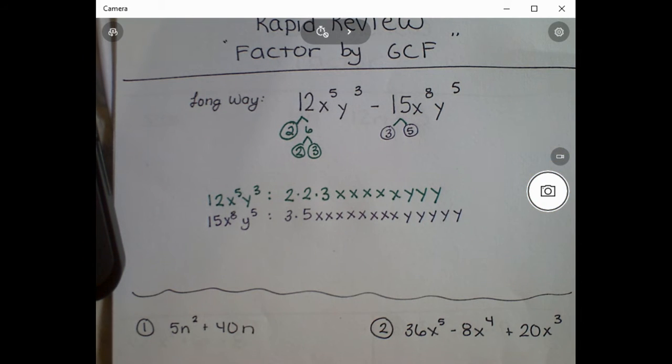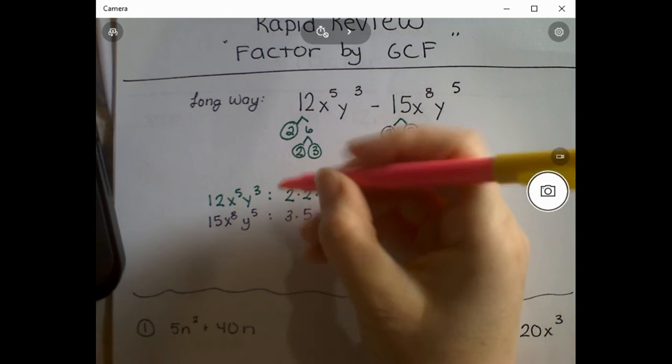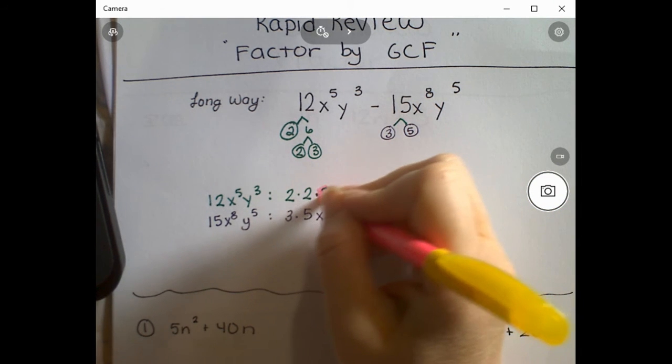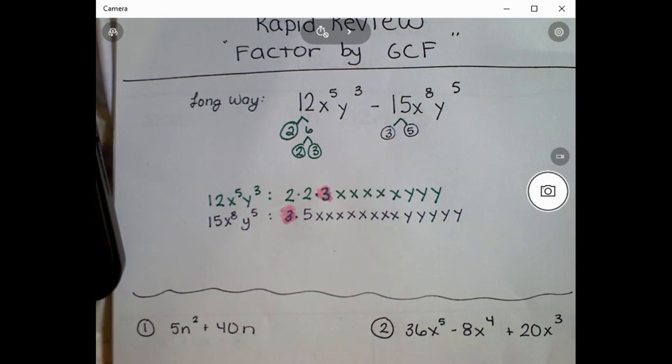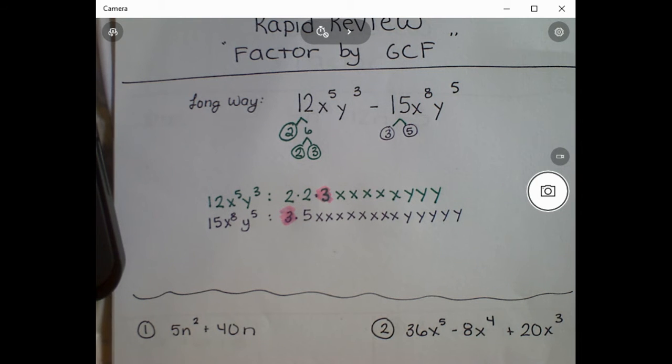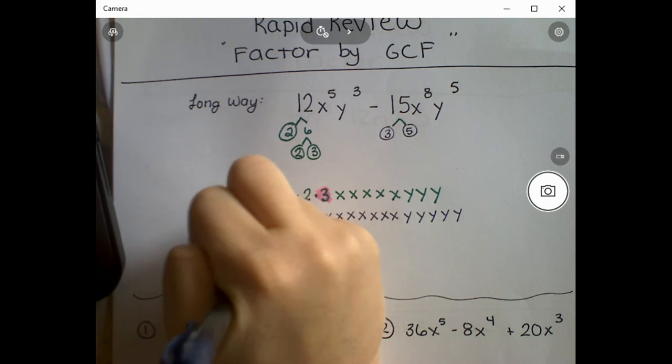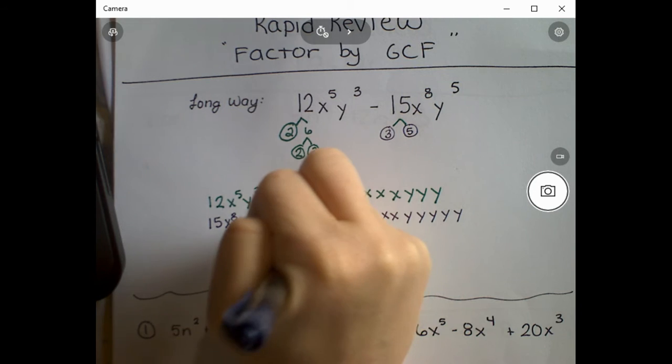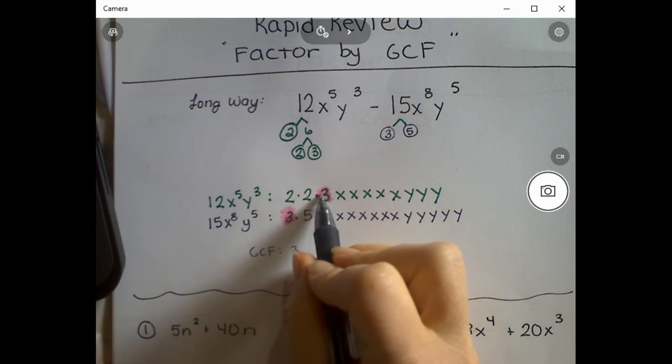All right, so the way that we did this in class is we kind of put together the things that are the same, the greatest common factor. So any that both terms have would go together. So both terms have this 3. Okay, so for the GCF, we're going to have a 3 because they both have a 3.